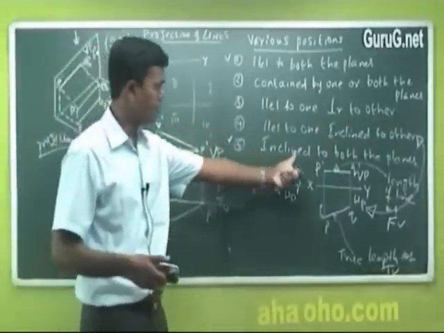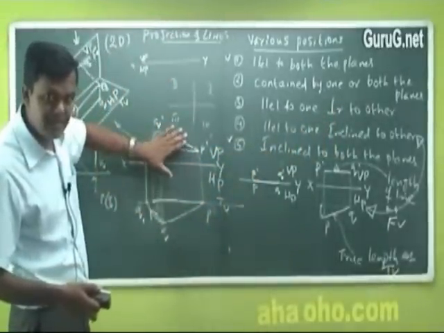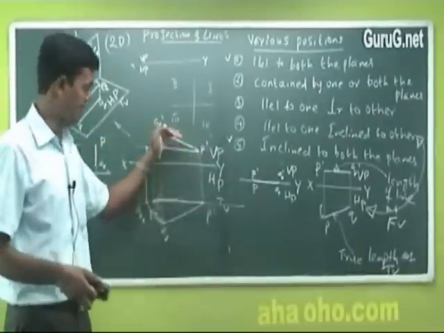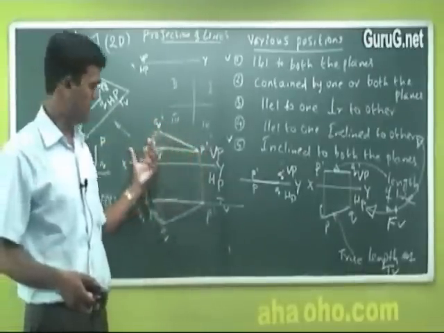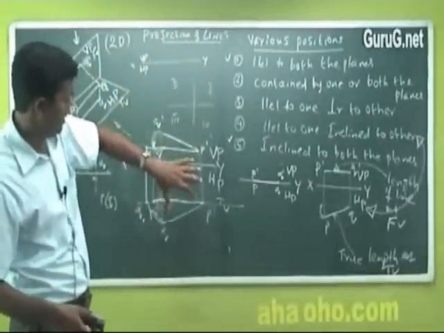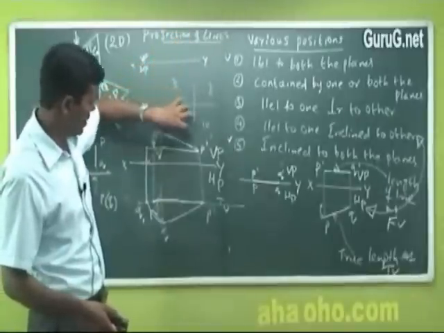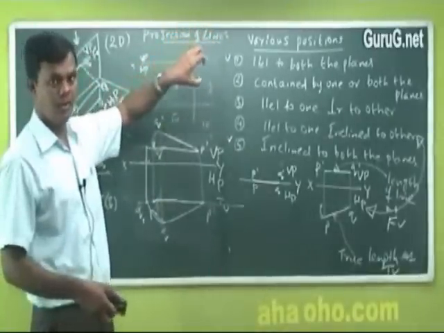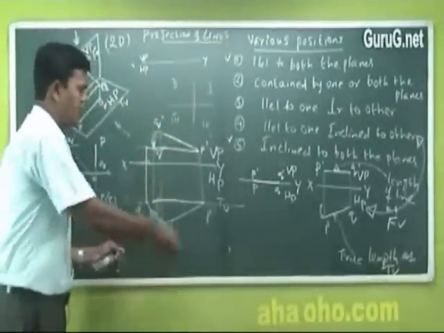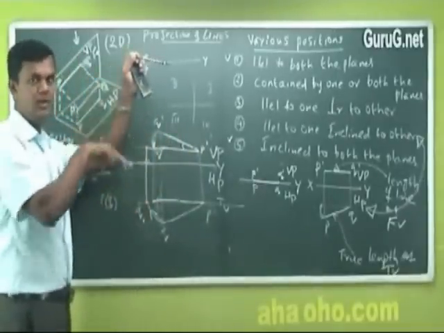A line inclined to both VP and HP, that line's actual length we are finding in this method. To be still more precise, we will have other methods; there are 2 or 3 methods of this kind. Using a question, instead of speaking everything in a common way, if I pose a question, a line PQ of length 30 centimeter lies on HP, inclined at an angle, when you speak of inclination, obviously you have to give this angle, which is 30, 40, 50 or whatever degrees, within 0 to 90; 90 becomes perpendicular.